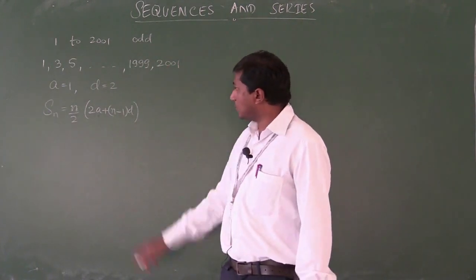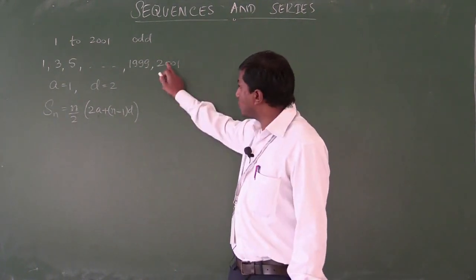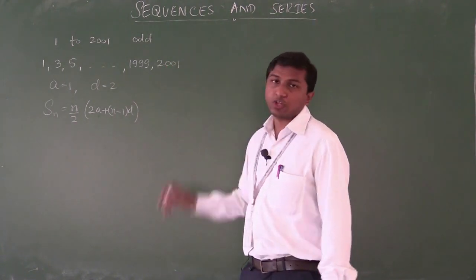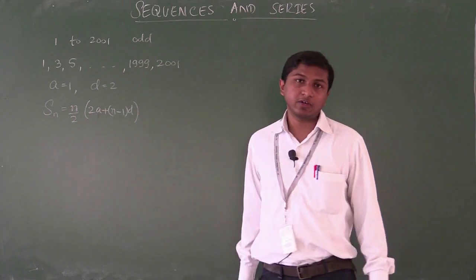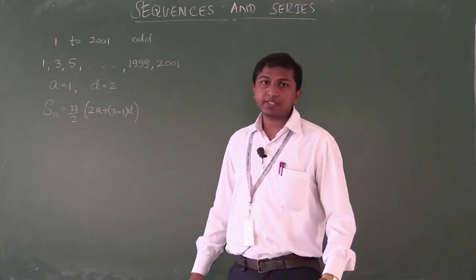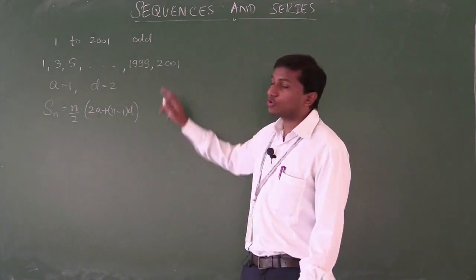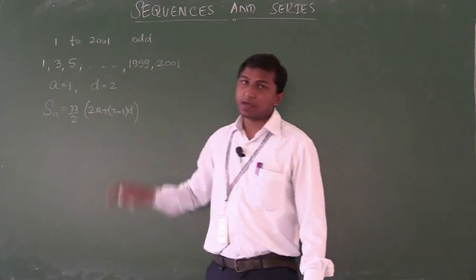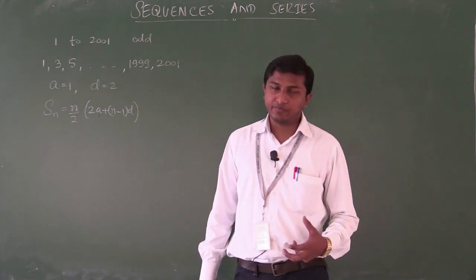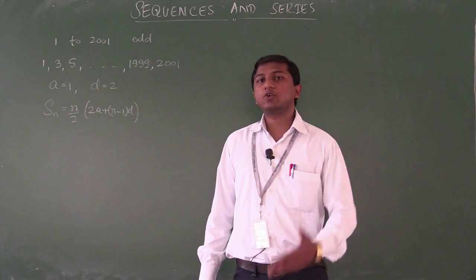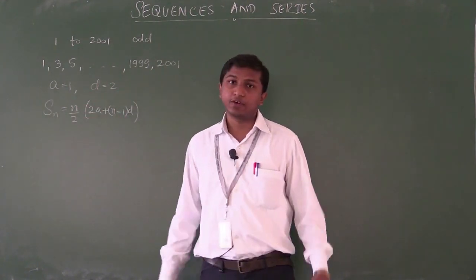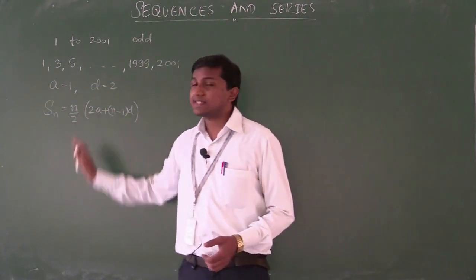The last term is 2001, so we have to find the position of 2001 in this AP. If we can find which term 2001 is, that will be the value of n. Once we find n, we substitute the values of a, d and n and calculate Sn.